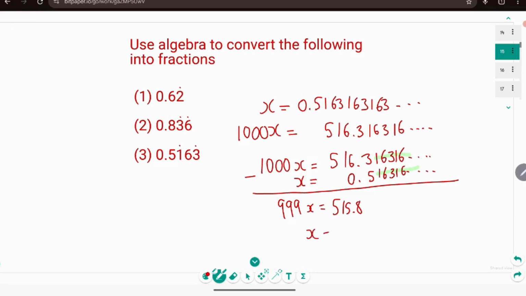Divide both sides by 999. Multiply the numerator and denominator by 10. Let's see how this simplifies. 2,579 over 4,995. Are we correct?